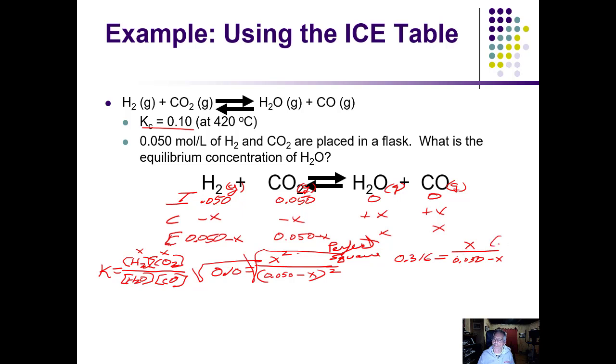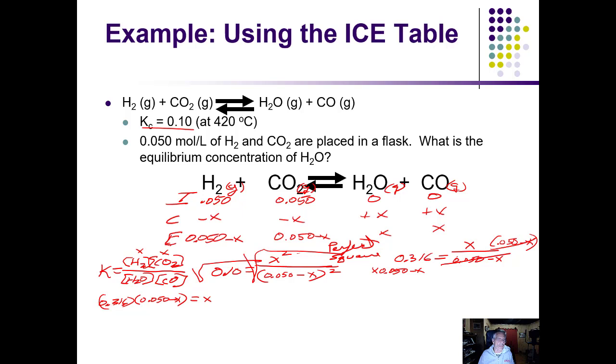So we'll go ahead and multiply both sides by 0.050 minus x. It's going to cancel over here. We'll do the same thing here. Tell you what, it's going to be easier to see if I do it over here. So this is 0.316 times 0.050 minus x is equal to x.